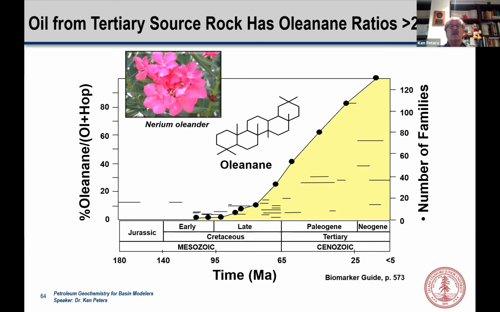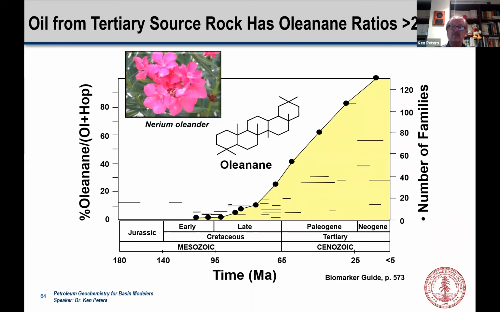Of course, it doesn't work both ways. If you have an oil sample that doesn't have oleanane in it, that doesn't mean it couldn't be tertiary, simply the source rock was far removed from input from angiosperms or flowering plants. That's possible. But if it has high oleanane, like up here, boy, that's a tertiary sourced oil.